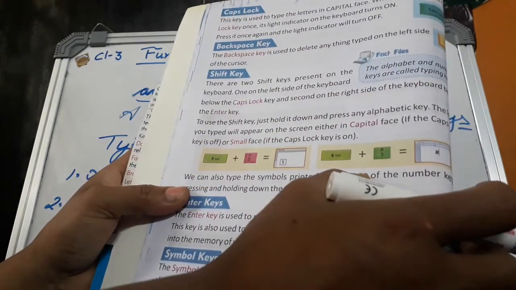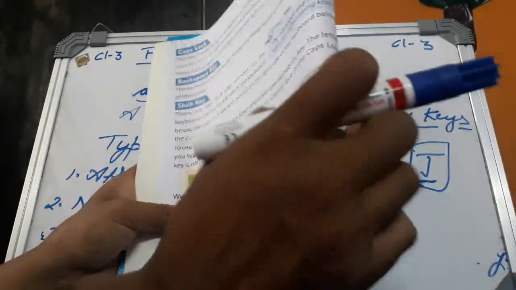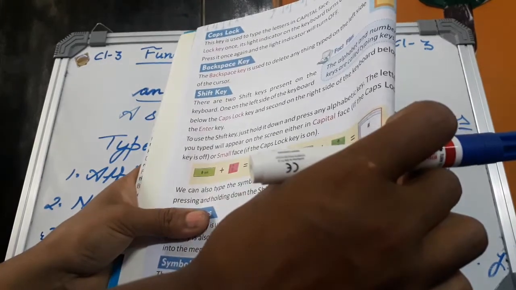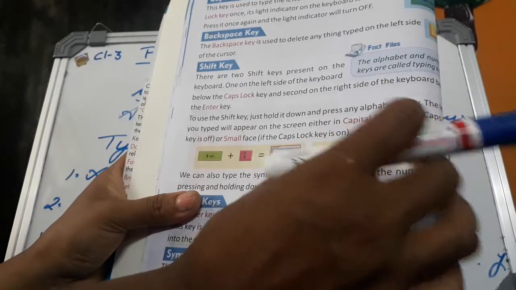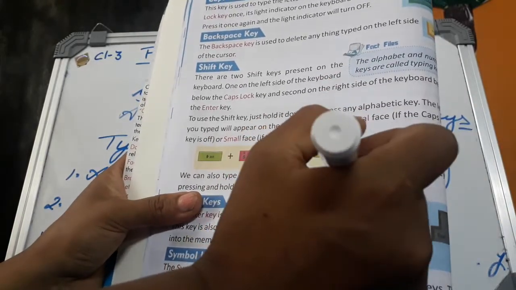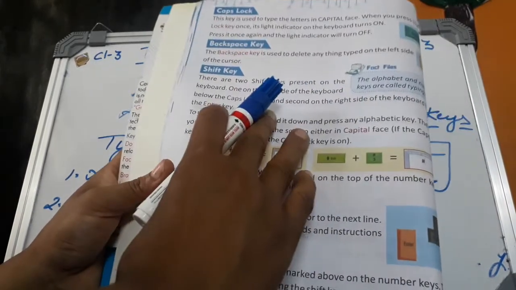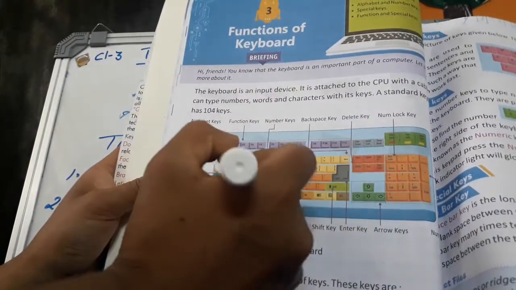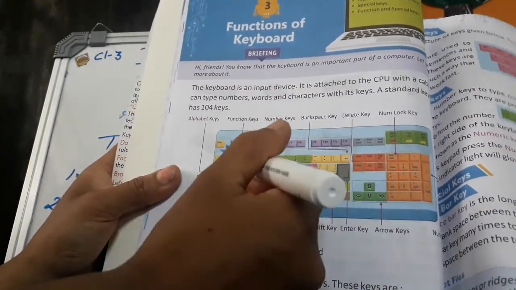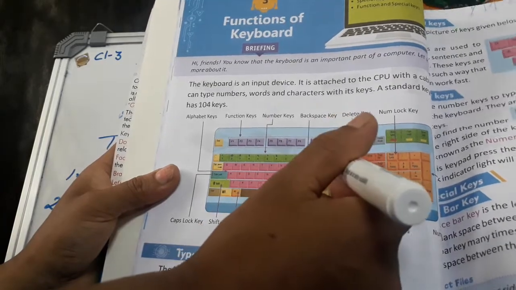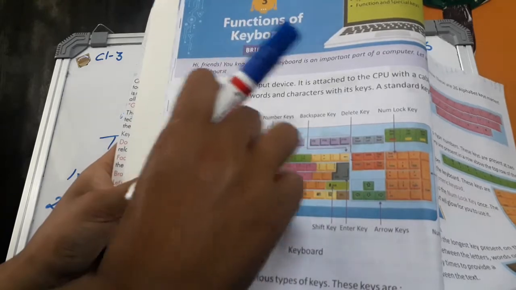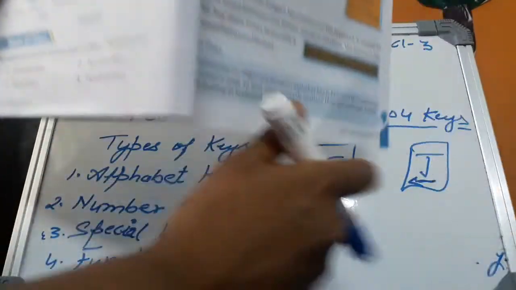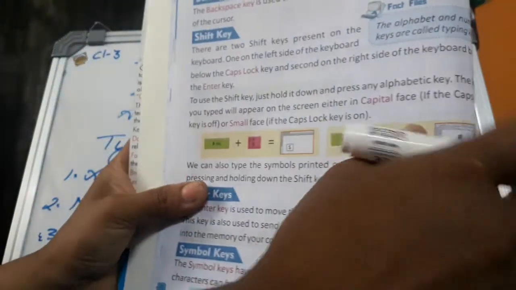We can also type the symbols printed on the top of the number keys by holding down the shift key. With the help of the shift key we can use the symbols shown on these number keys. Here are some number keys with some symbols. We use these symbols by pressing shift with the key, if we need the symbols.